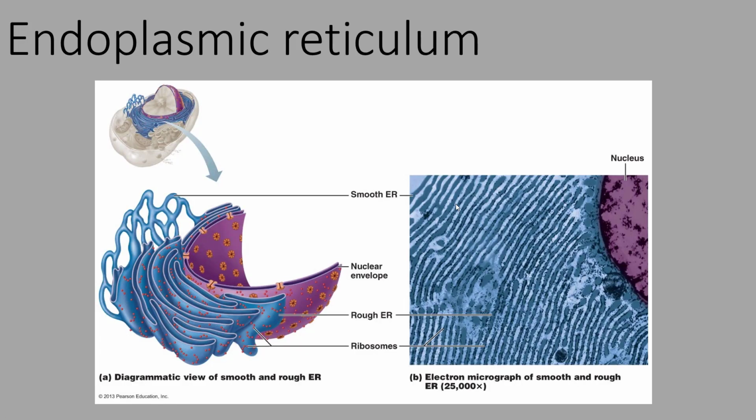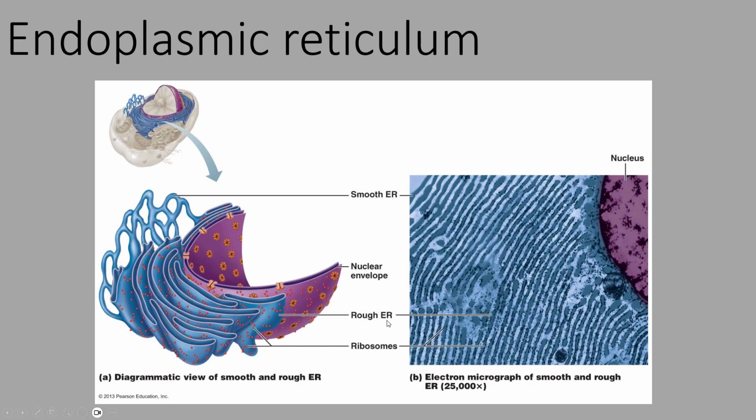Starting with something called the endoplasmic reticulum, or the ER. And there's two types of endoplasmic reticulum. There's something called the smooth endoplasmic reticulum, SER, or smooth ER, and something called the rough endoplasmic reticulum, rough ER, or RER.